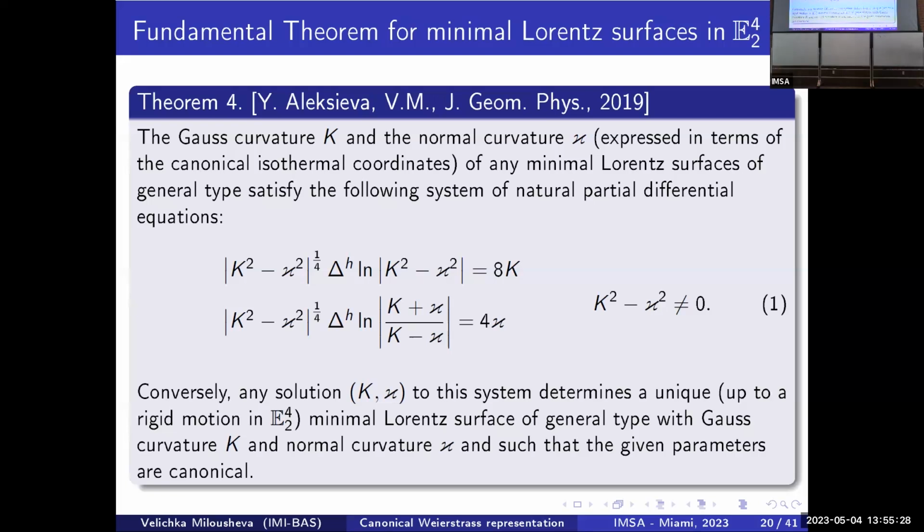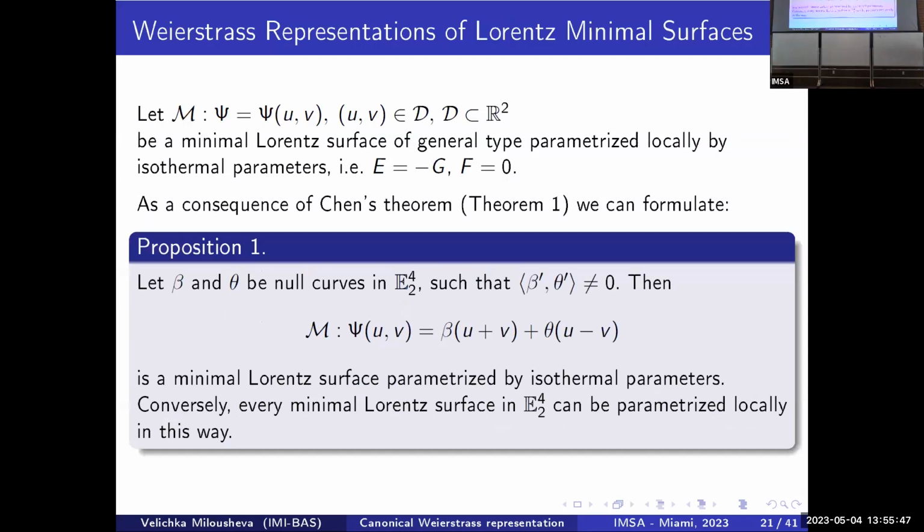For the space-like case, they use complex numbers, and here for the Lorentz or time-like case, we work with the algebra of double numbers or paracomplex numbers, which is the hyperbolic analog of the algebra of complex numbers. So I come to the second part of the talk, which concerns Weierstrass representations of minimal Lorentz surfaces in E^4_2.